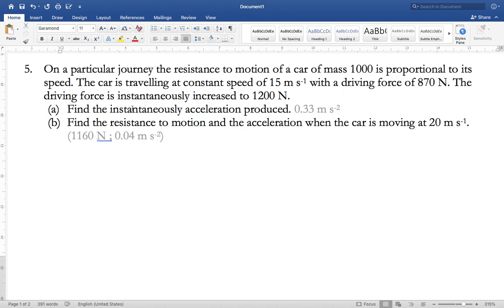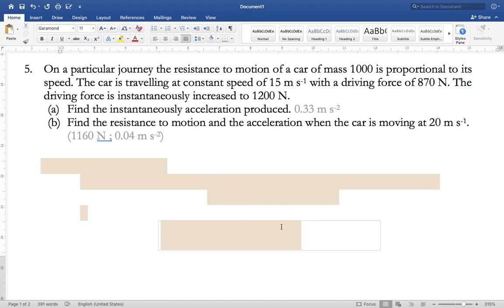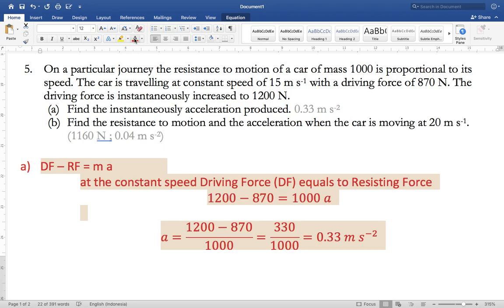Okay, where is the answer? Oh, yes, here. Ta-da! 0.33 meter second, same as this one, right? Now, why?